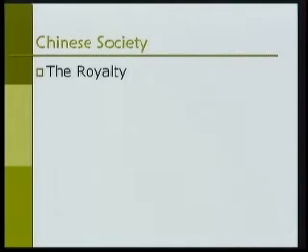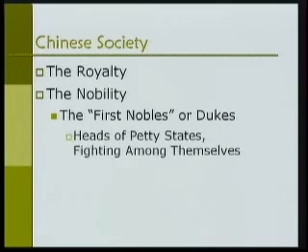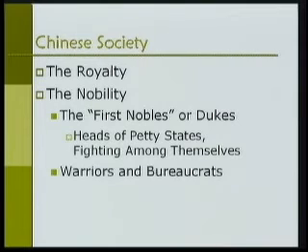Chinese society. Well, of course, like in any society, the rulers and the royalty at the top, then the noble class, like in so many other places. And these nobles were referred to as the first nobles or the dukes. And these were the heads of their petty small states, always fighting among themselves.